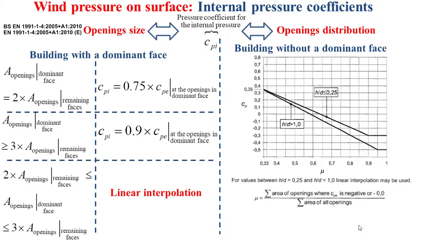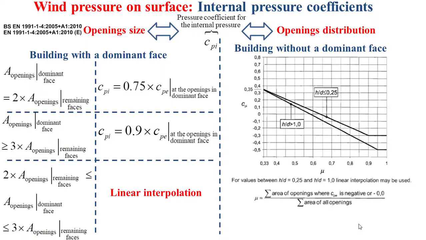And as you can see, the internal pressure coefficient CPI is depending on the ratio H divided by D. H here is the height of the building and D is the in-wind depth dimension. And also CPI is depending on a certain coefficient mu equal to the sum of the area of openings where the external pressure coefficient CPE is negative or 0 divided by the sum of area of all openings.